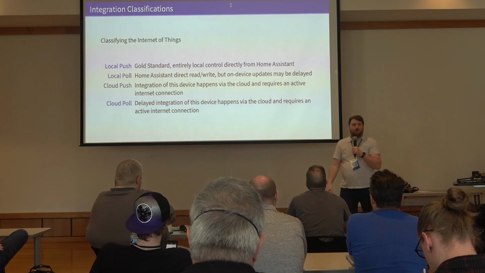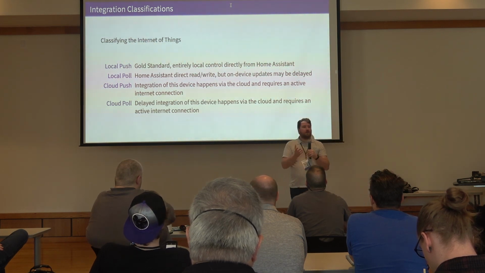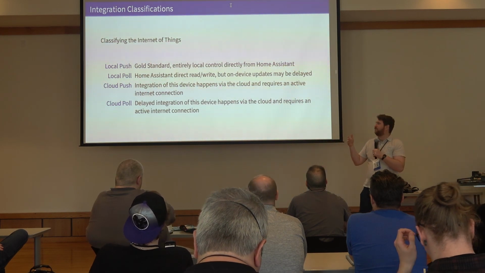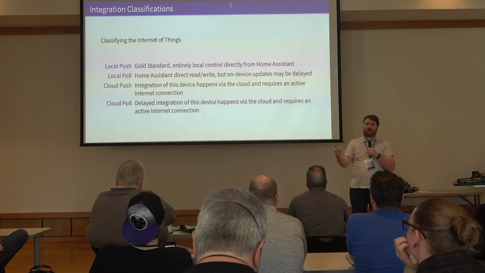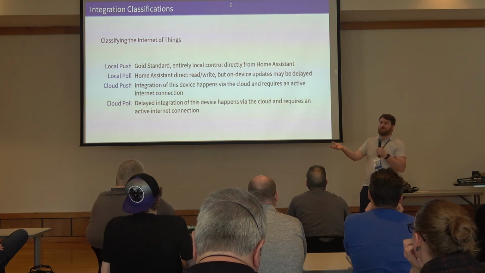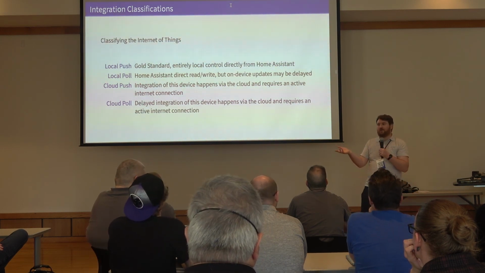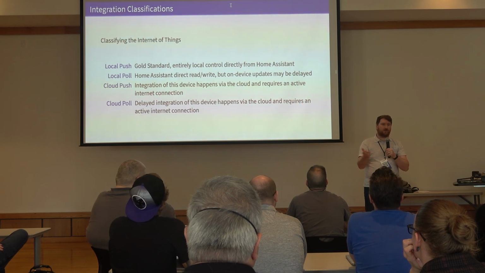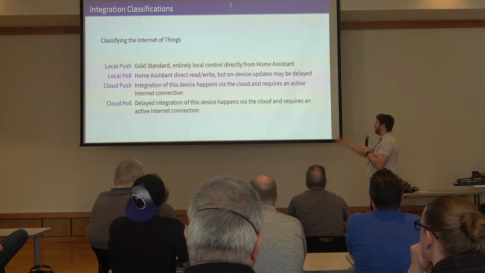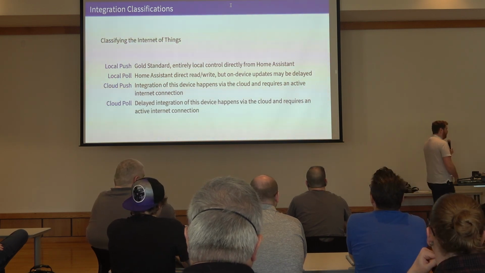Cloud push and cloud pull are slightly less great, but still wonderful, because these depend on actual communication over the internet. In some cases, that's unavoidable. Like if you're triggering on somebody pushing to a GitHub repository, obviously you need to connect to the internet to talk to GitHub. You don't have a GitHub server in your house. I hope not. But yeah, you have these different types of communication levels.